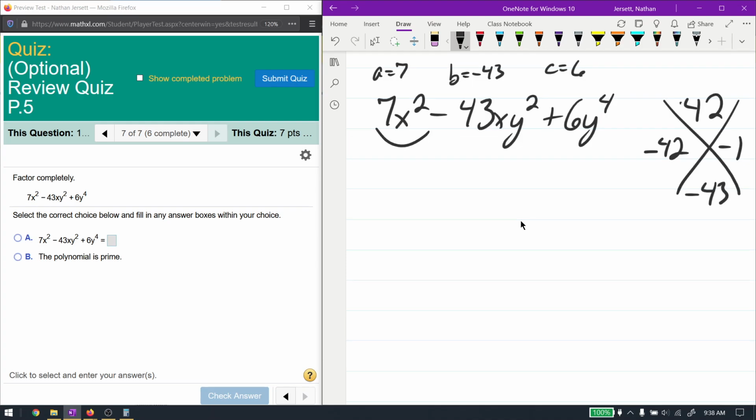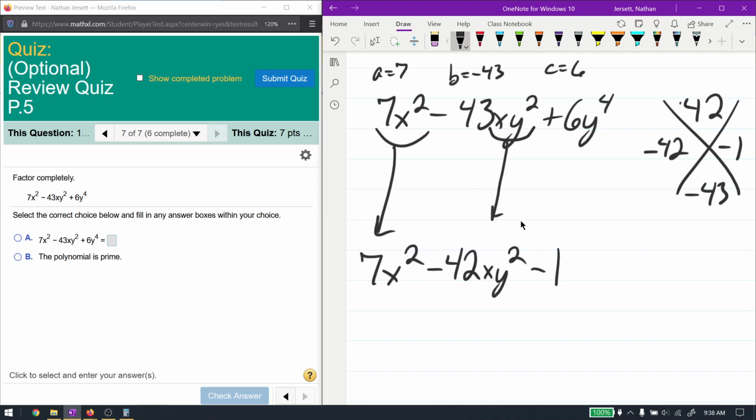So we're going to bring down the first term, 7x squared. Then we're going to write negative 42. And then whatever the middle variable is, in this case xy squared. Then negative 1, xy squared. Then 6y to the fourth.